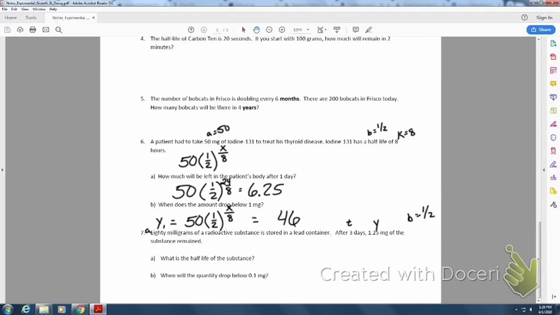Would you put hours, like 72 hours, or just 3 days? You would put 3 days. So you would have 80 times 1/2 to the power of 3 over X. And we know that after 3 days, it's going to be 1.25.